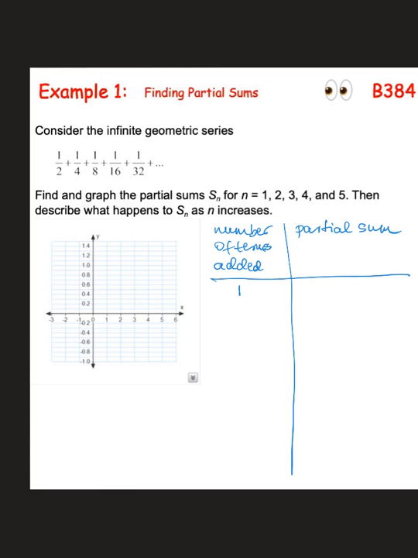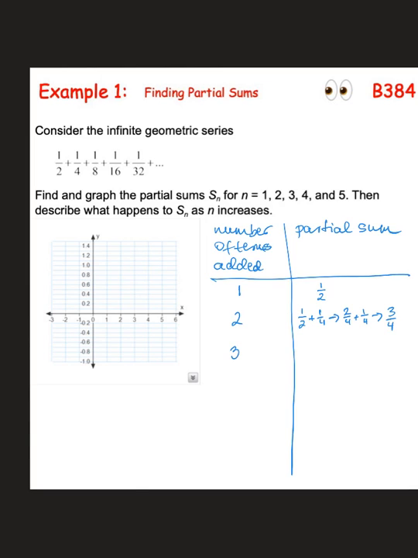If I add just one term, then the sum is just going to be 1/2. If I'm adding two terms, it's 1/2 plus 1/4. Since the common denominator is 4, 2/4 plus 1/4 is going to give us 3/4.